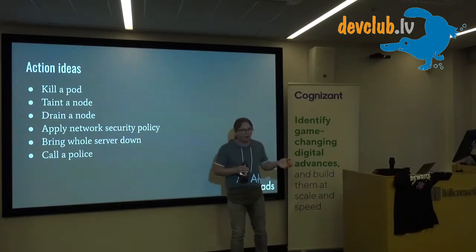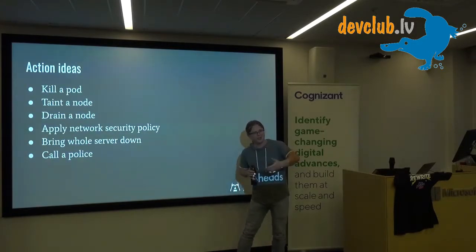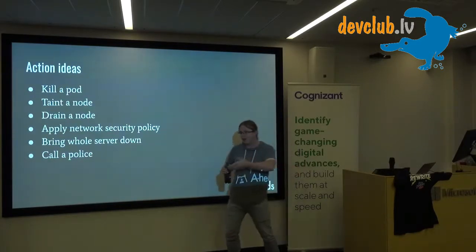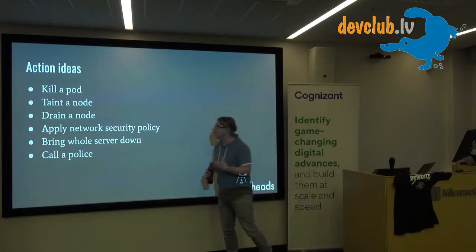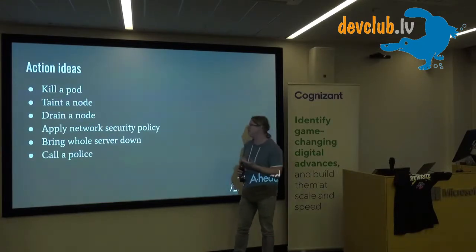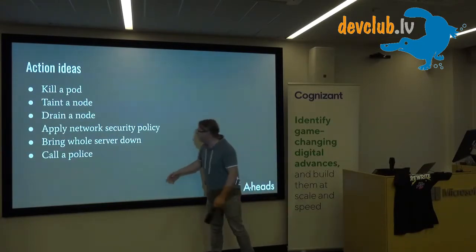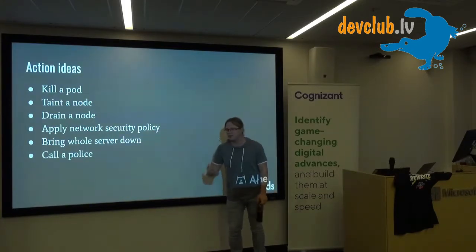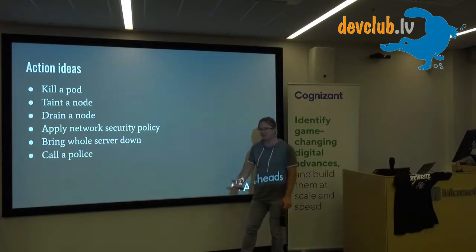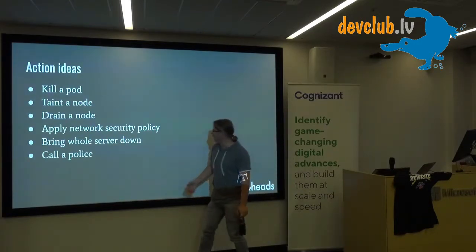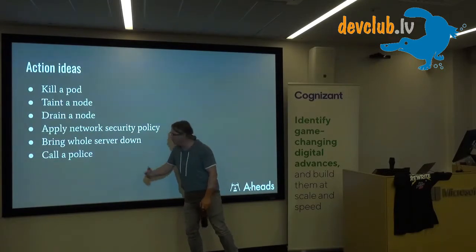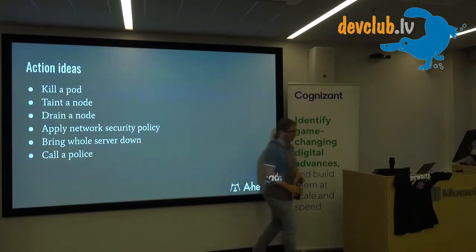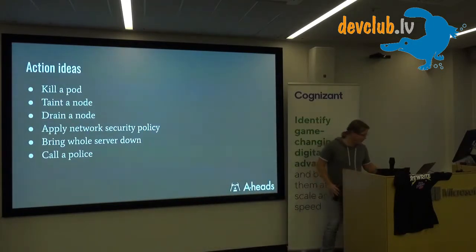Instead of killing the pod, we can later exec into that pod and see what the attacker actually wanted to do, how he got into it and so on, at least get some information and find something new for ourselves, right? That's interesting. Or we can simply bring the whole server or service down, because it's better to be down than hacked, right? Especially in enterprises, I think. Or we can simply call, not we, but Falco can call the police, because that's not our job to fight criminals and other bad guys, right?